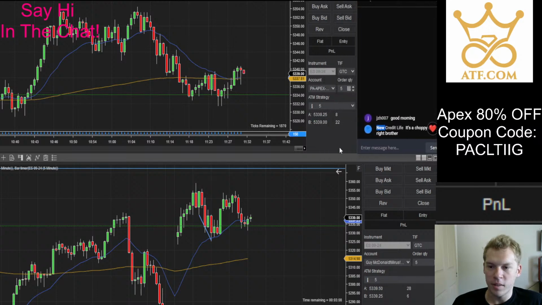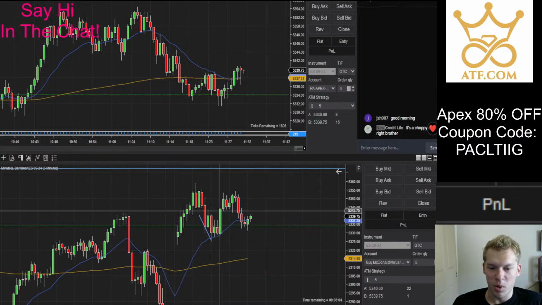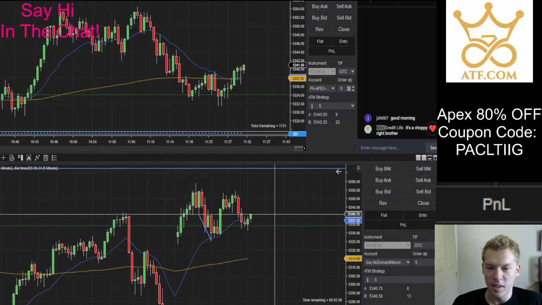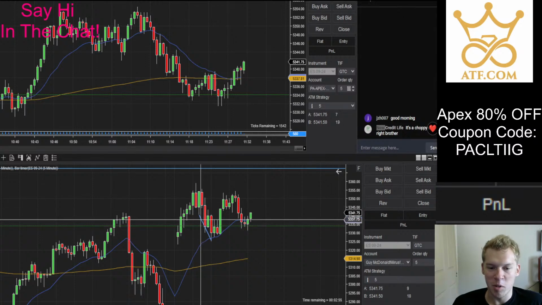What I'll call these types of days are the large bar trading ranges, because I've recognized that when it's a trading range and it's large bars, then it can be difficult to trade.